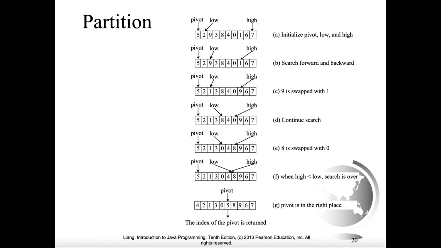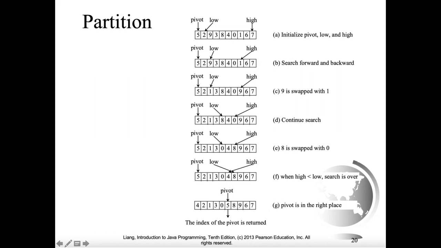This partition algorithm is trying to find the position of the pivot in the list and then arrange the other data so that all the elements smaller than the pivot go to the left side of the pivot, and all the ones bigger than the pivot go to the right side.